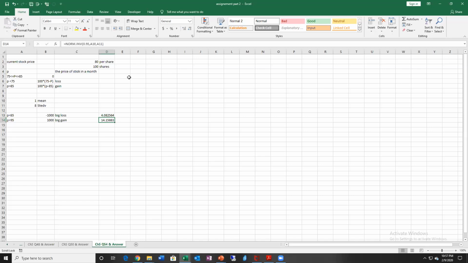No, because they're only looking for the change, with a mean of 1 and a standard deviation of 8, right? They're looking at a big loss, that the price falls below 65, and your average, where's the average?